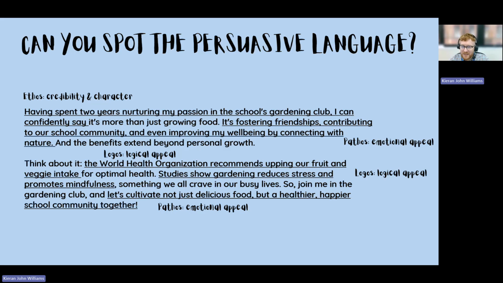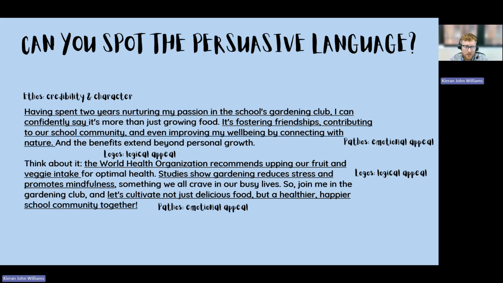And remember then, facts and expert endorsement appeal to logic and reason. We've also got here, studies show gardening reduces stress and promotes mindfulness. So this is also an example of logos again. So this is citing research and evidence, and this strengthens our argument logically. So data-driven claims reassure the audience that the point is backed up by some kind of science.